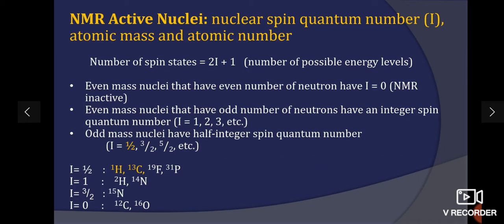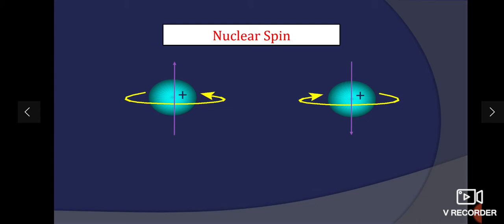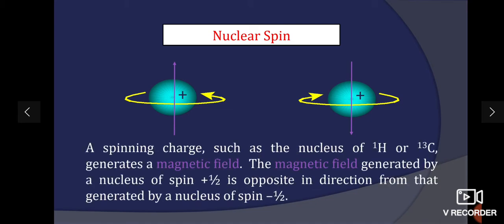This slide explains the spin states, the atomic numbers, mass numbers, and spin quantum number. A spinning charge such as the nucleus of a proton or carbon 13 generates a magnetic field. The magnetic field generated by a nucleus of spin plus half is opposite in direction from that generated by a nucleus of spin minus half.